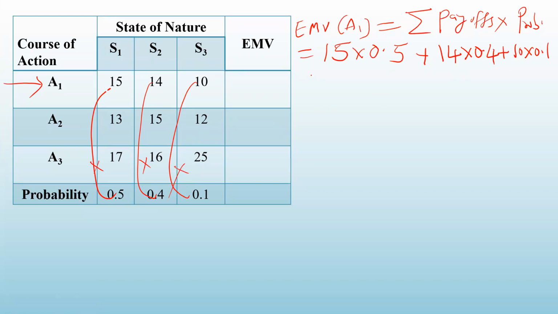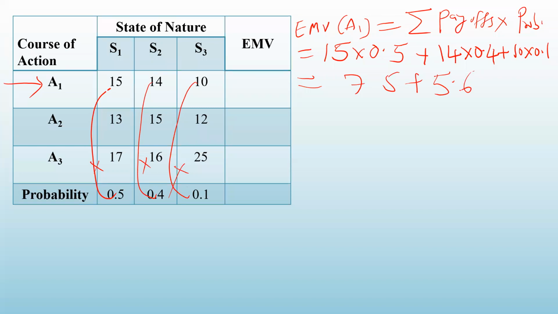So 15 into 0.5, use your calculator. 15 multiplied by 0.5 is 7.5, plus 14 into 0.4, that is 5.6.